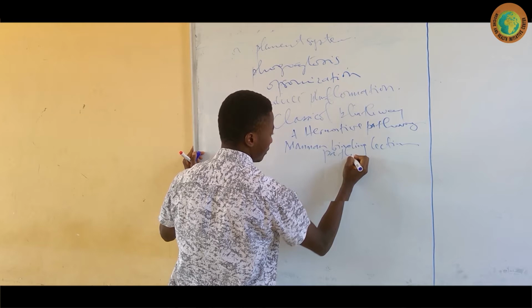In the classical pathway, we are going to see different proteins involved. But first, we have to know it is initiated by the antigen-antibody complex. Once antigen interacts with antibody, there will be a formation of a complex.